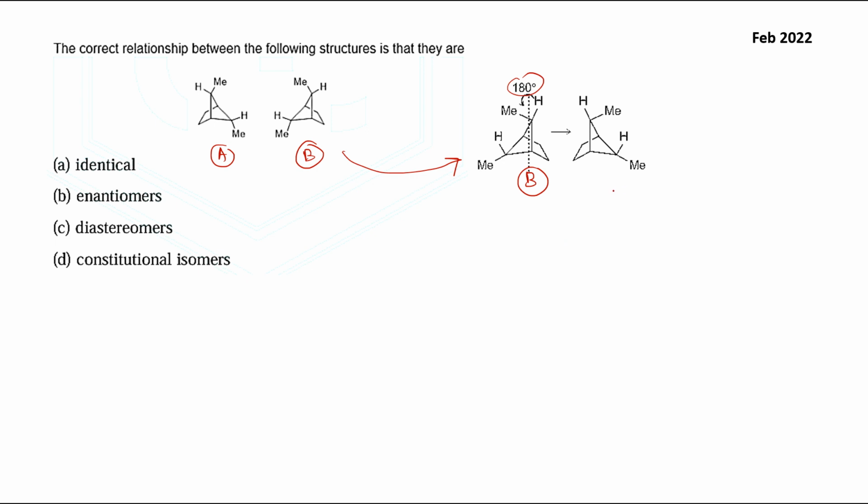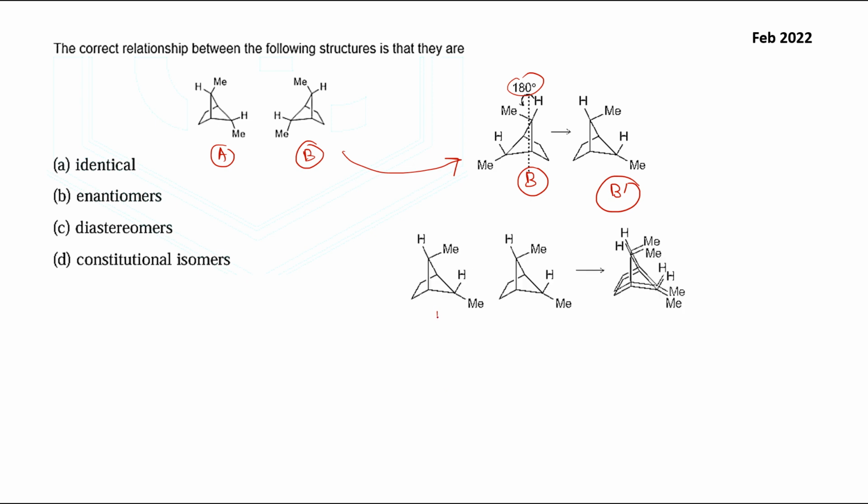Now the new species that we are getting, suppose it is B prime. Now B prime and A, these two are basically same, right? So suppose this is A, just compare, it is same, and this is B prime. These two, if you try to superimpose, they are actually the same molecule. So that is why these two are nothing but identical. Option A will be the correct option.